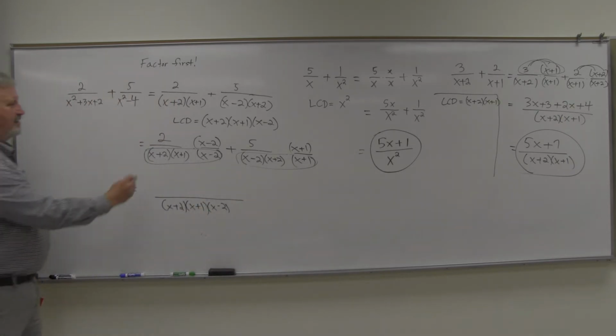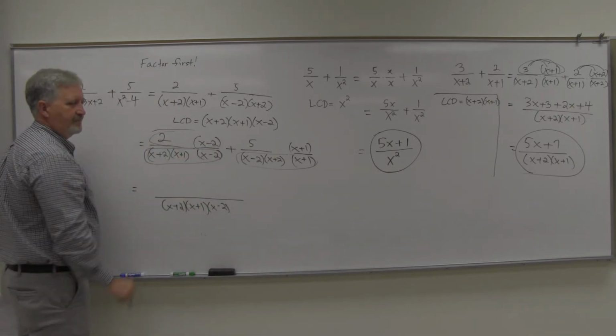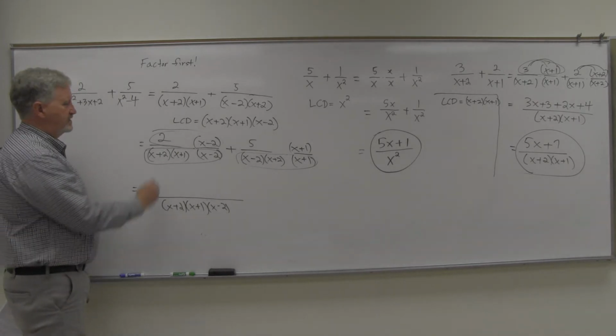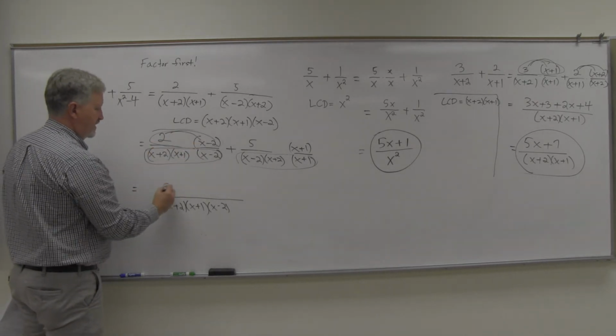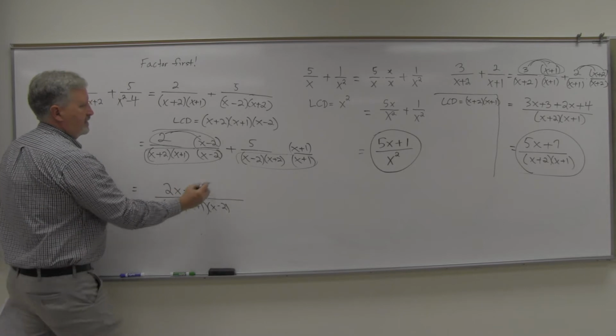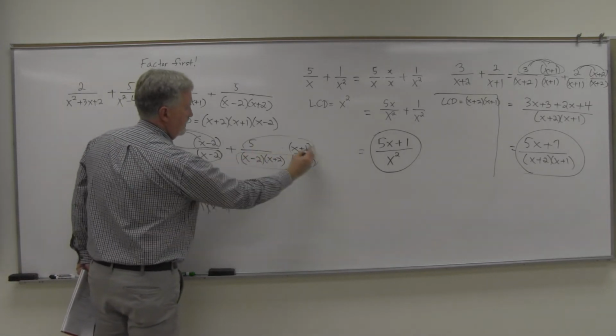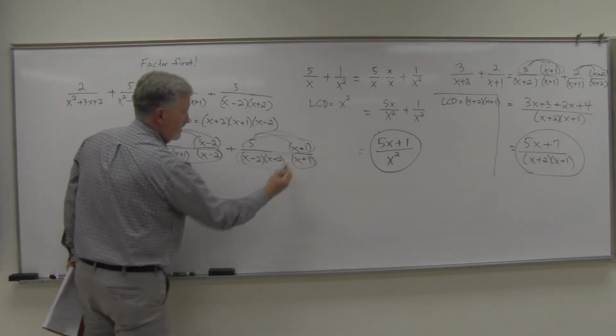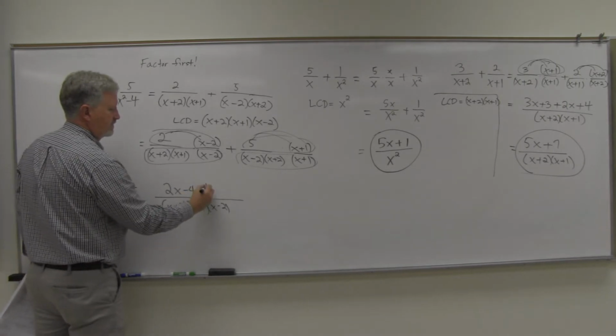What happens on the tops? Well, on the top here, I've got 2 times x minus 2. That's distribute, 2x minus 4. This top is 5 times x plus 1, so distribute there, you got 5x plus 5.